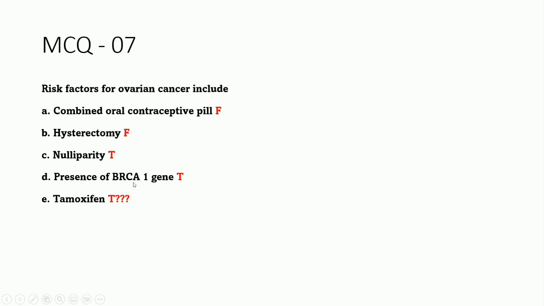And the problem with tamoxifen, I have taken it as true because this is a selective estrogen receptor modulator, so it can still stimulate the ovary, because it is used for ovulation induction. But I am not 100% sure about the answer.